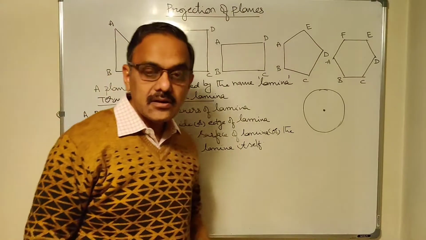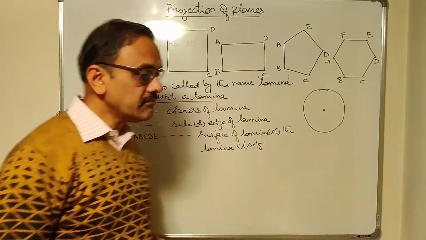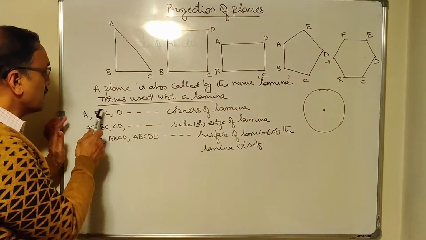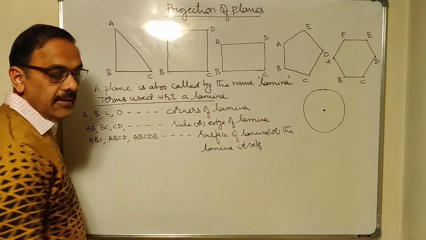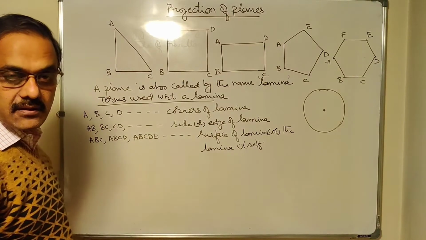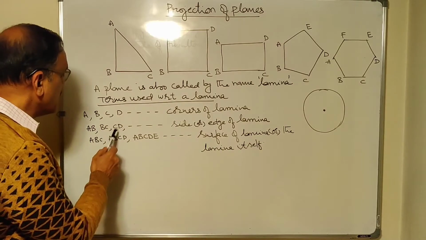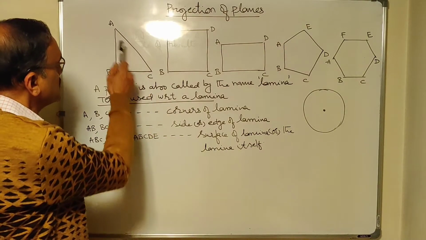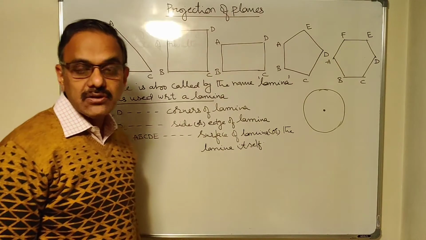Now let us see what are the terms used with reference to a plane or a lamina. I have written them here. A, B, C, D, they represent corners of lamina. Then AB or BC or CD, etc., they represent side or edge of lamina.